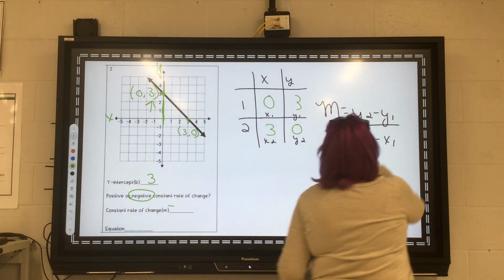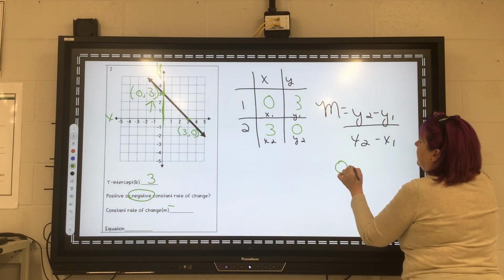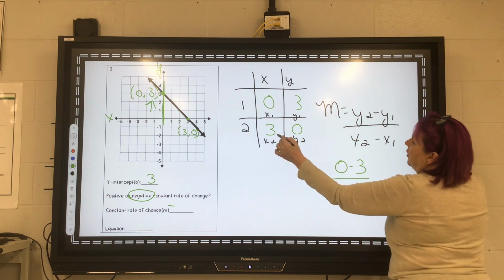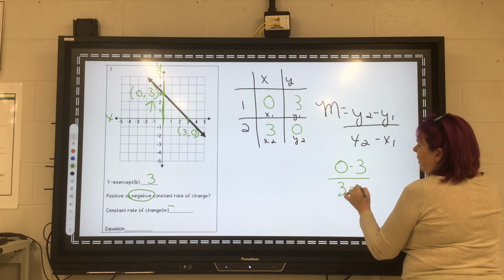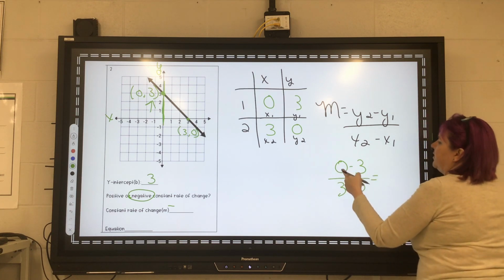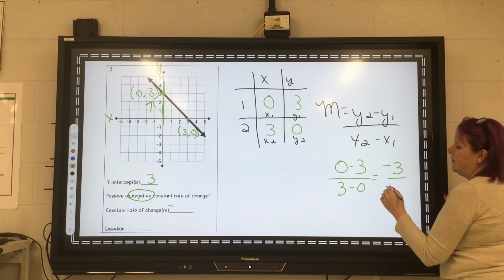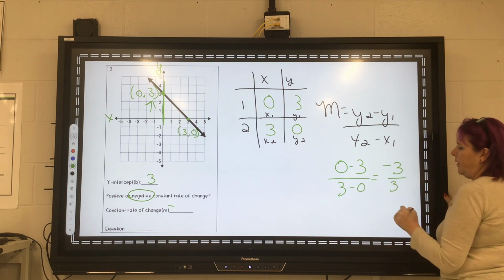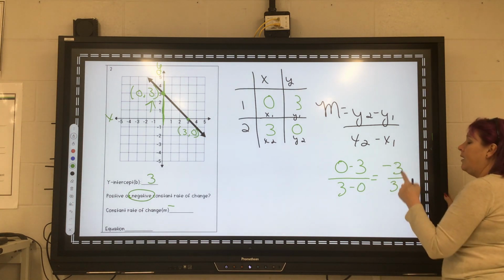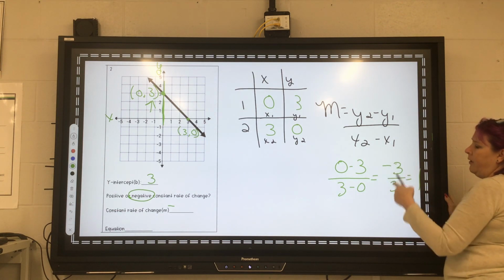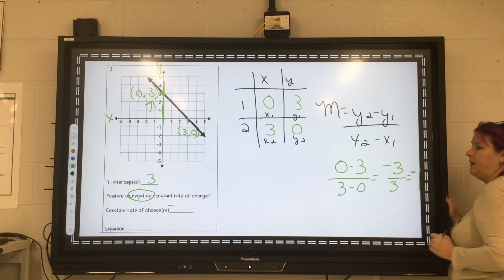So I get 0 minus 3 over 3 minus 0. 0 minus 3 is going to give me a negative 3. 3 minus 0 is 3. 3 over 3 reduces down to 1, and I only have one negative, so it's going to be negative.